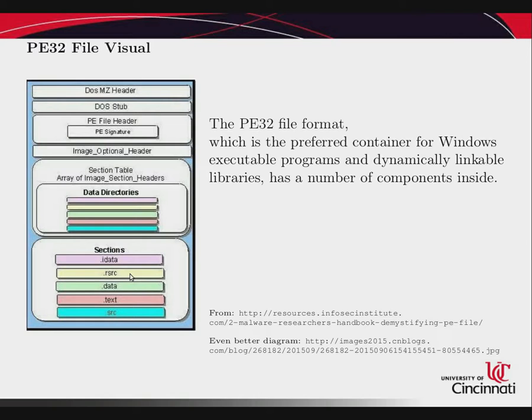And each one of these sections themselves are almost a file unto themselves. So they have their own defined structure. The resource section, I just named multiple things. You can have a string table in there, you can have a dialogue in there, you can have an icon in there. Each one of those things are little tiny files that are all subcomponents embedded within this resource section.